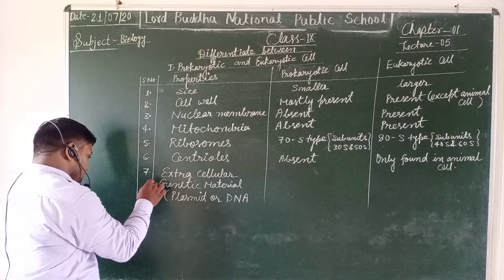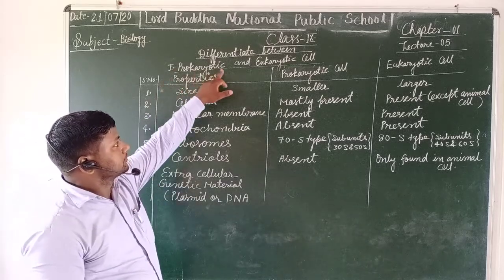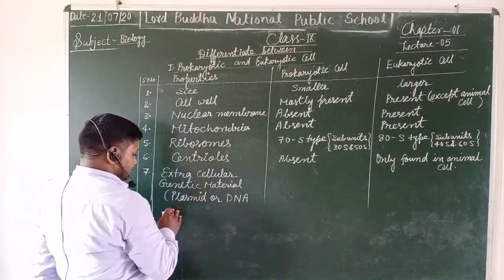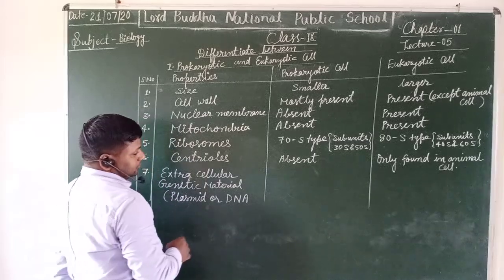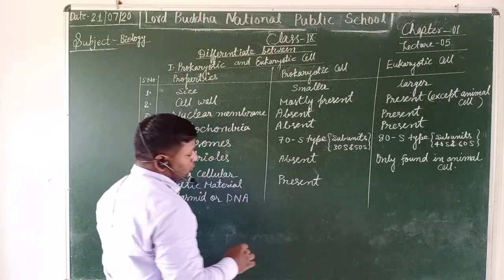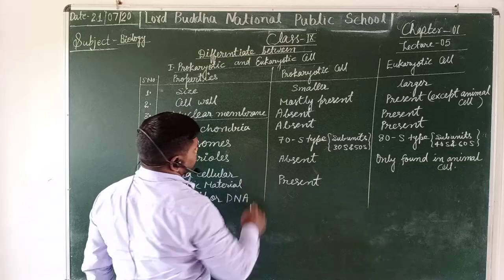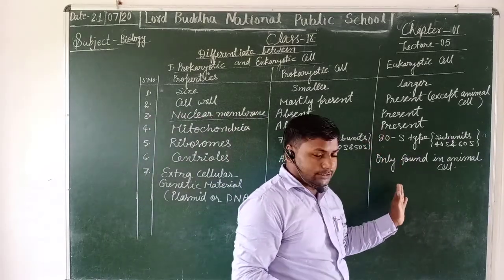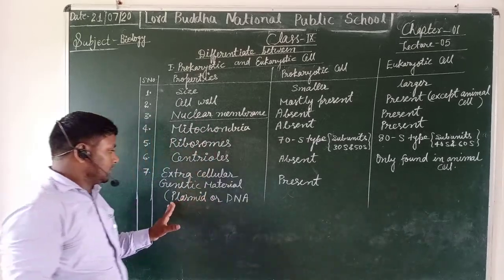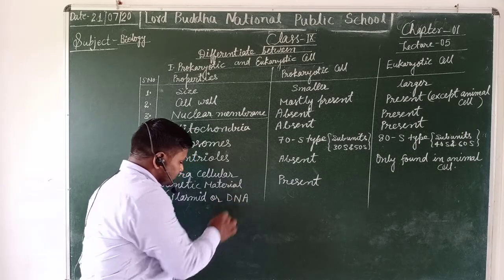Students, due to absence of nuclear membrane in prokaryotes, the extracellular genetic material in the form of plasmid is present. But due to presence of nuclear membrane in eukaryotic cells, the extracellular genetic material does not occur in cytoplasm.